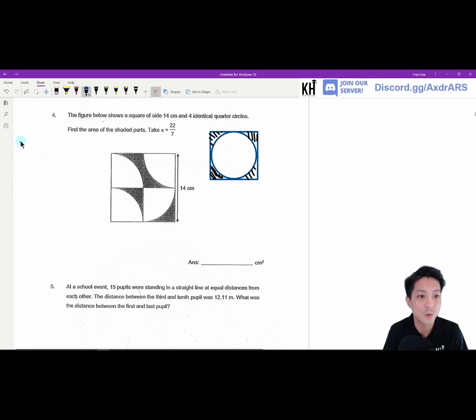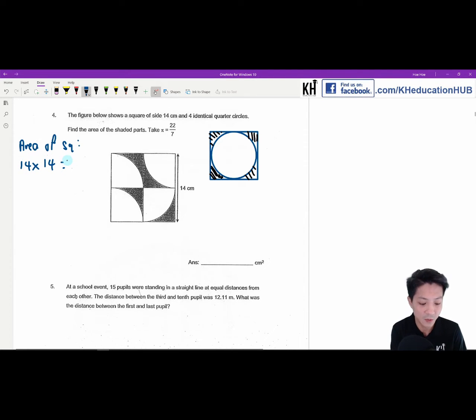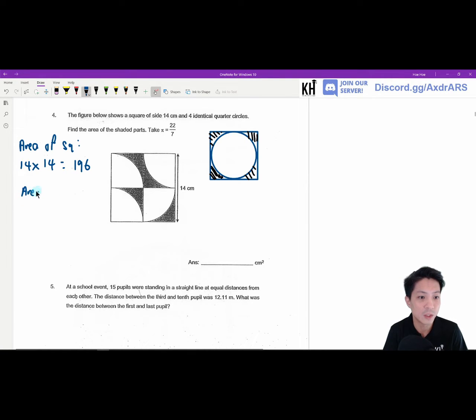Okay, area of the square. It's going to be 14 times 14. It's 196. Then the area of the circle, pi r squared: 22 over 7 times the radius, which is 7, squared.